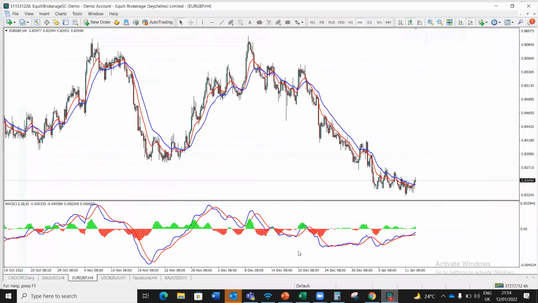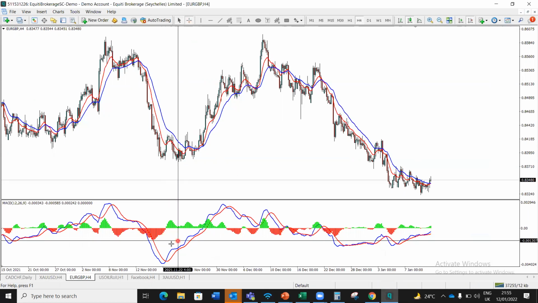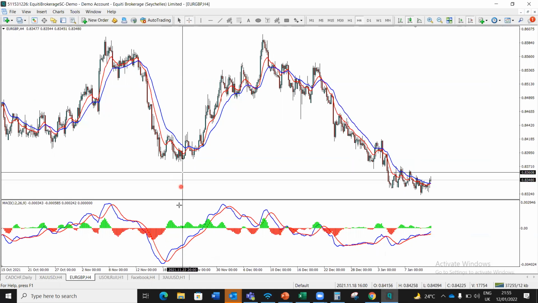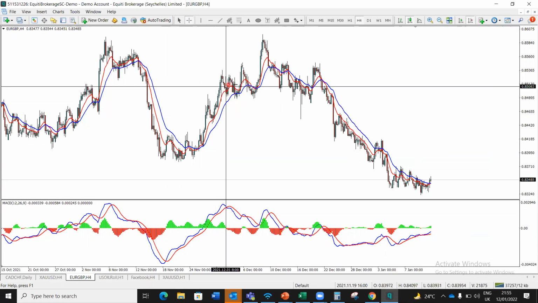Let's quickly find out here. You see how the MACD line moves away from the signal line. This simply tells you that there is momentum in the market and there's going to be a nice ride in the market. Watch how there is a nice ride all through this point. Are you seeing how there is a nice ride?